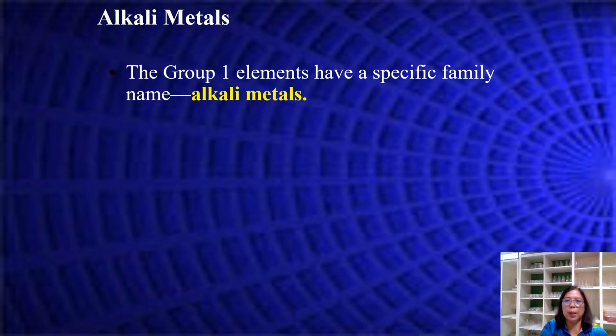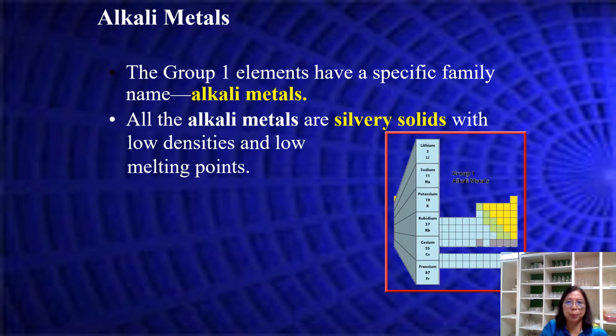The group 1 elements have a specific family name, that is the alkali metals. All the alkali metals are silvery solids with low density and low melting point.